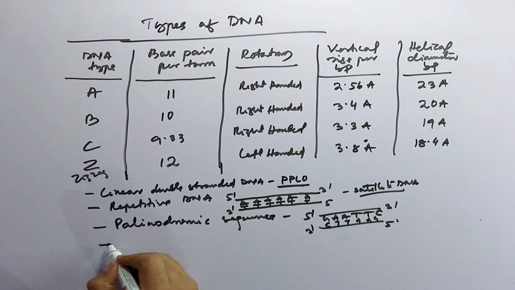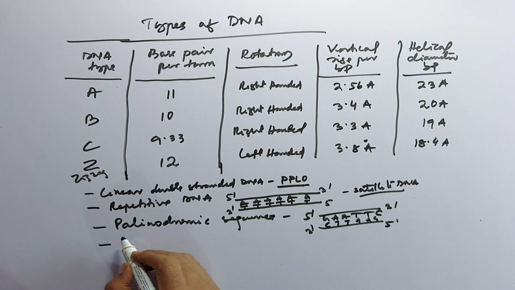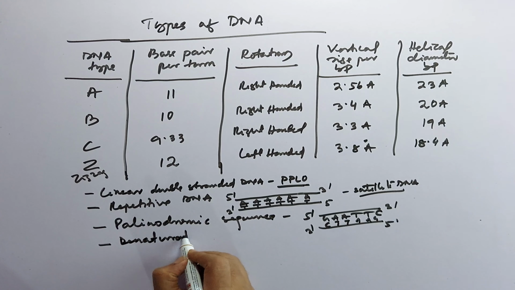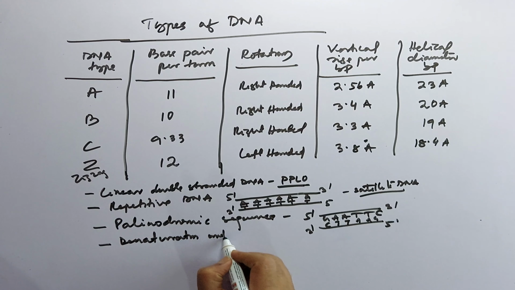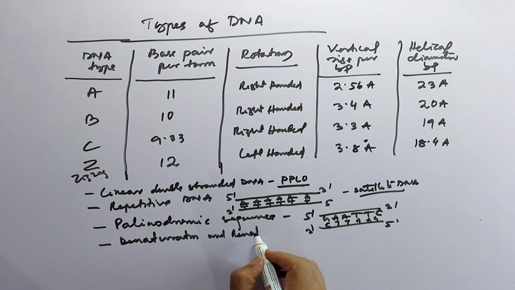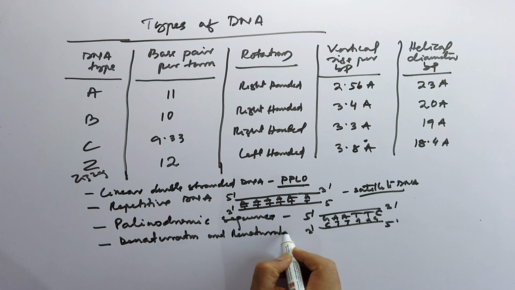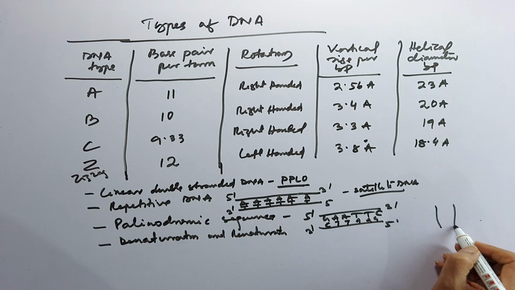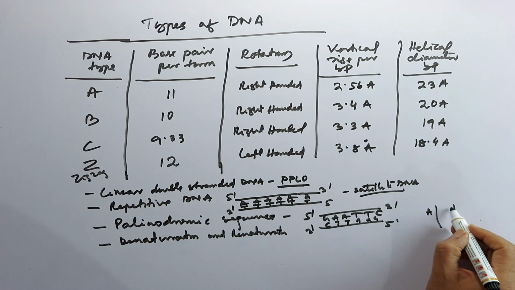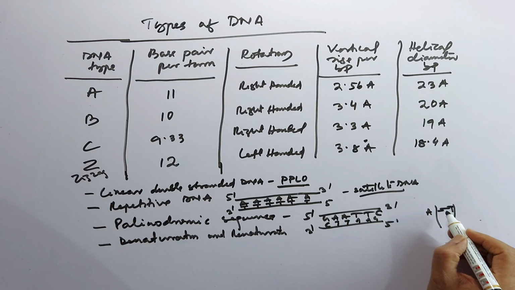Another character is denaturation and renaturation. Simple thing is that in the double helical structure A pairs with T, so a double bond is there, and C pairs with G, a triple bond is there.